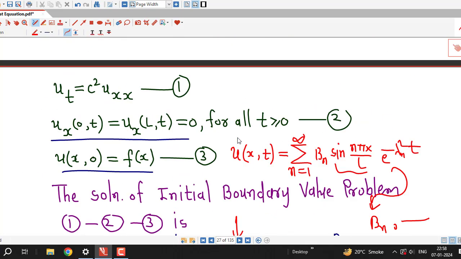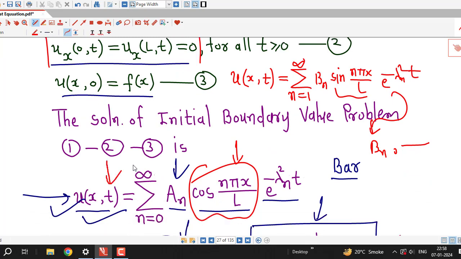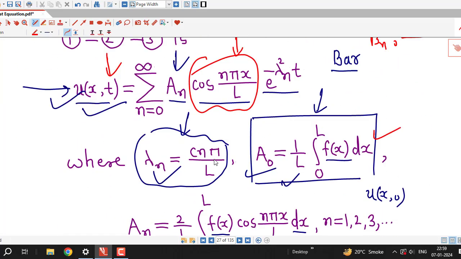Rest of the things are as it is, but we have to remember that if we have this type of boundary conditions, we have to use this formula which contains cosine terms, and this formula we will use if we have this type of boundary condition, that is temperature is 0 at both the ends, and here temperature gradient is 0 at both the ends, or both the ends are insulated.